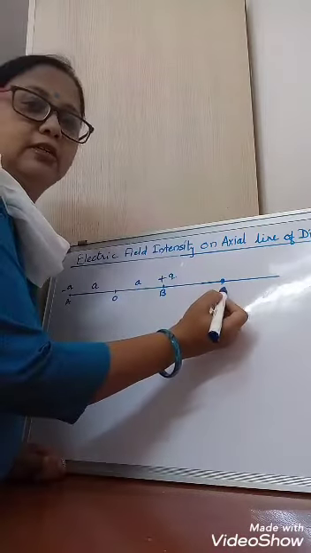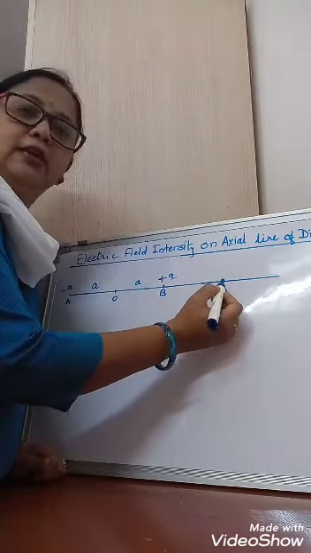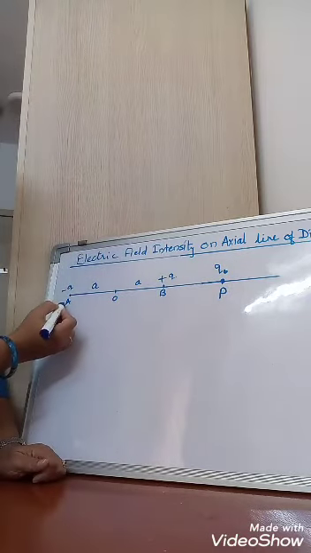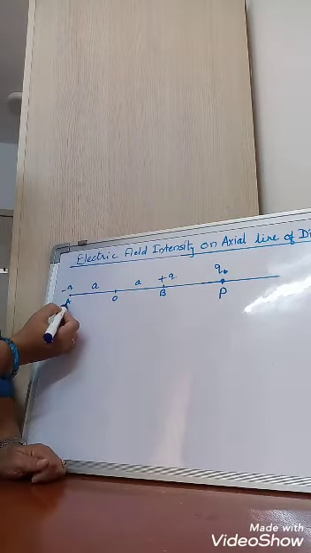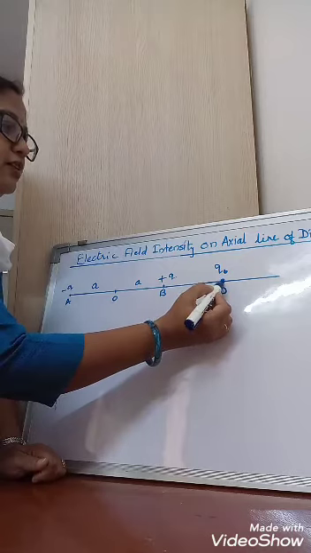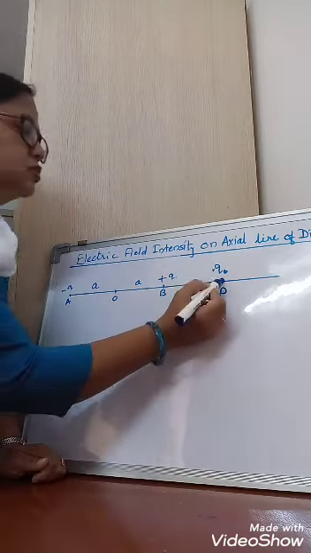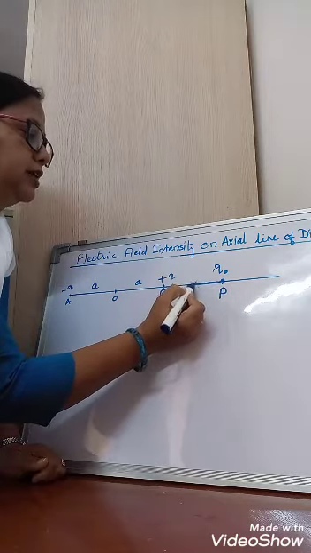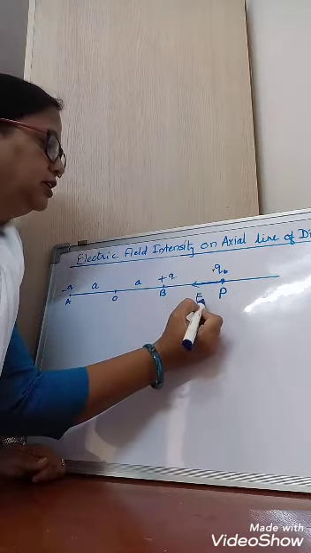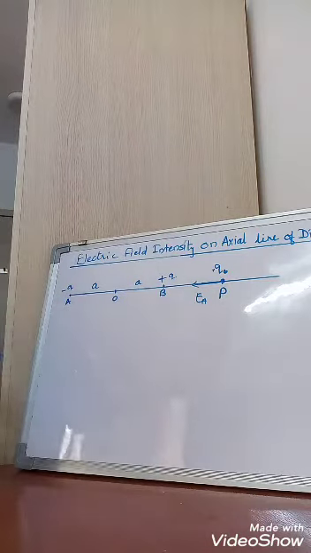So we place a charge q0 at point P. Now due to this charge minus q, the electric field will be there. This charge is plus, this is minus, so EA is in this direction. This is the electric field due to point A.